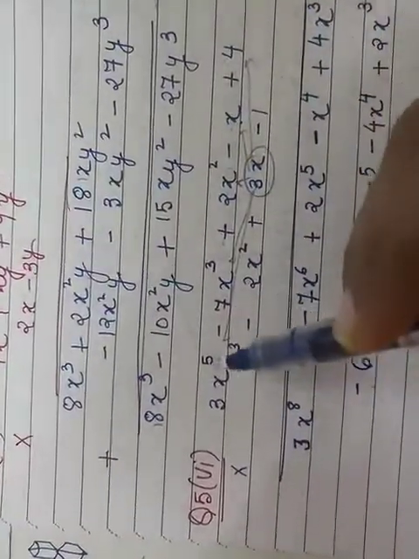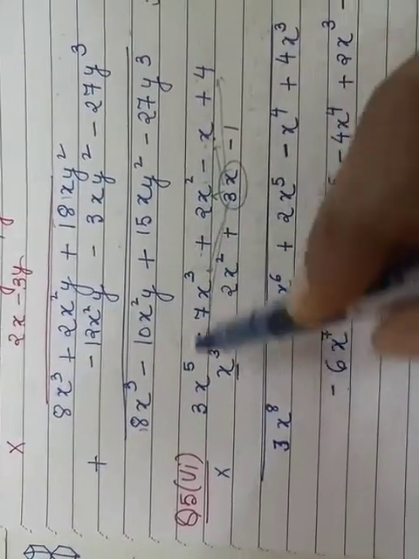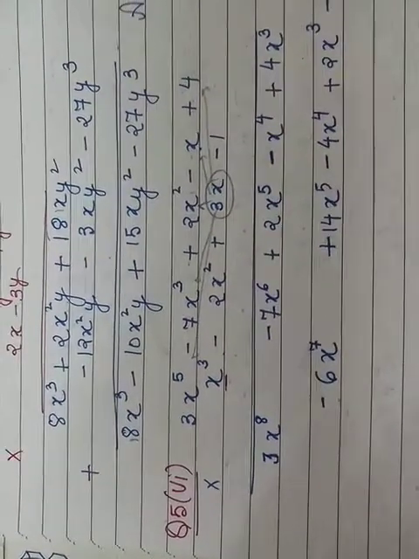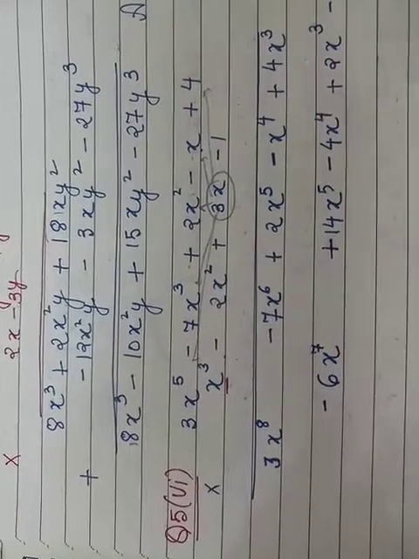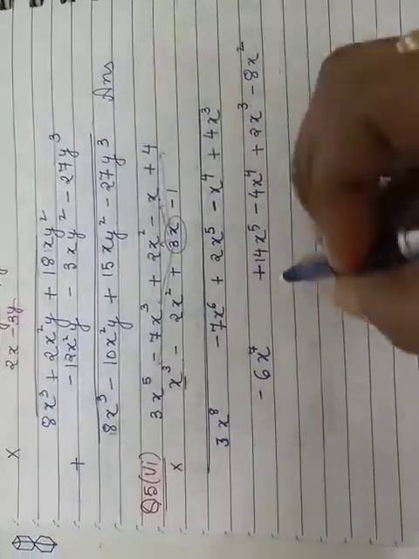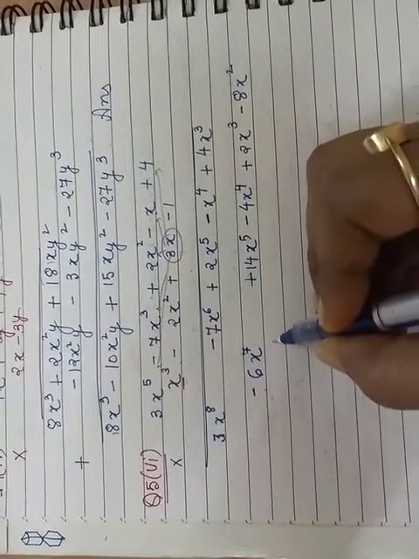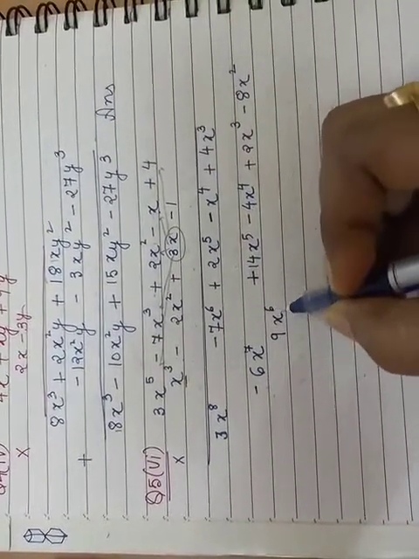Plus 3x and plus x to the power 5, 3x to the power 5. The plus will become plus. 3 3s is 9. X to the power 5 and plus 1, that is x to the power 6. So we write it under x to the power 6. So we get 9x to the power 6.